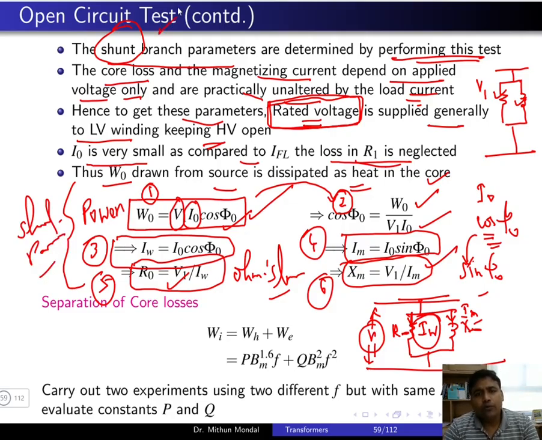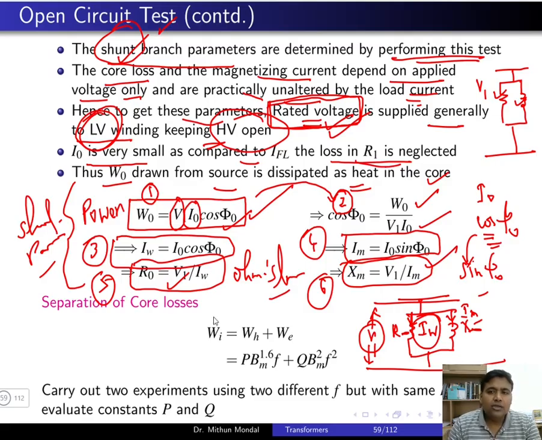Two important points that we have to remember in the open circuit test: the first one is that shunt parameters will be obtained. Second, it will be done at the rated voltage, and hence the high voltage side should be kept open and on the low voltage side all measuring instruments should be connected. So we can easily obtain the resistance and the reactance connected in parallel under the no load condition.